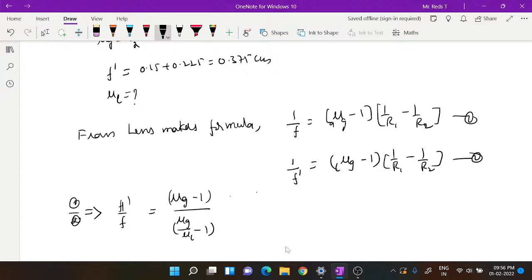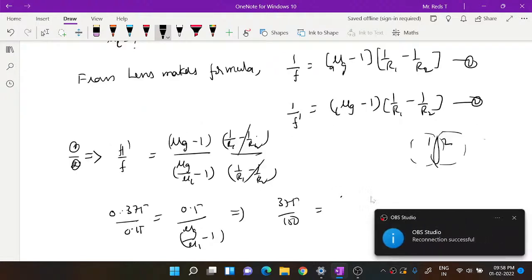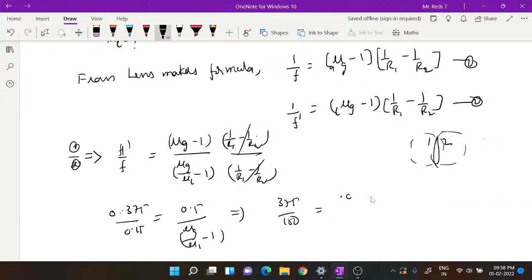For a convex lens, the first surface will be positive and the second surface negative, whether it is in air or liquid medium. So even if the values are given, in this kind of case there is no need to worry about them, since they cancel out. So we get 0.5 divided by mu g by mu l minus 1. Now let's simplify this.